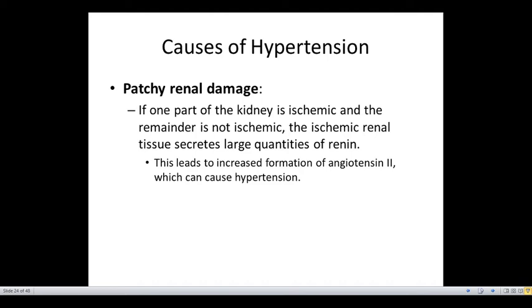Patchy renal damage is the second major cause of hypertension. Now, what happens is that if one part of the kidney is ischemic and the remainder is not ischemic, the ischemic renal tissue secretes large quantities of renin, which leads to the increased formation of angiotensin II, which acts on the non-ischemic part, and that can eventually cause hypertension.